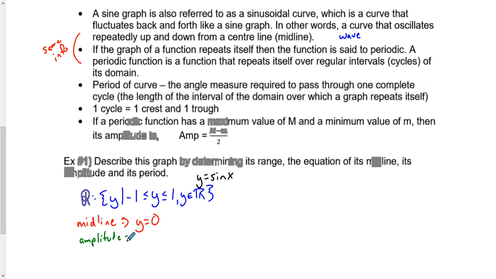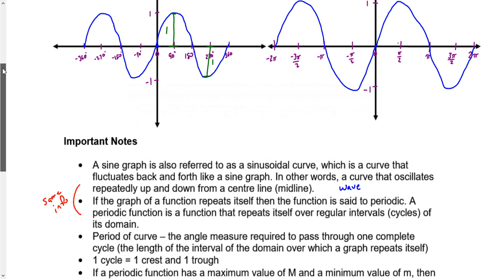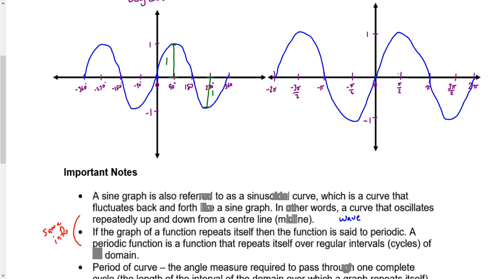So the amplitude is 1. And the period is how long it takes to repeat itself. And as we had discussed before, we can measure from the middle till it repeats itself back at the middle.